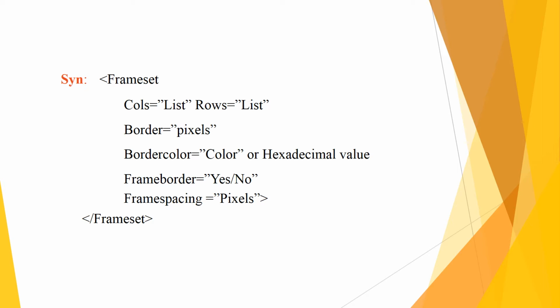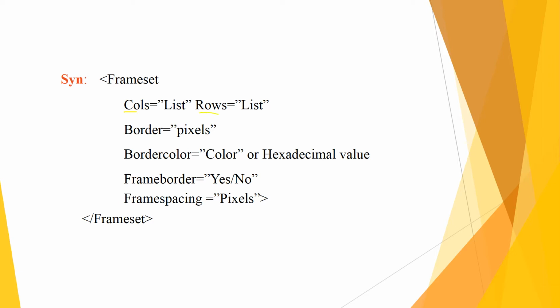Let us see the syntax. Here the syntax is a paired tag. Paired tag means it contains a starting tag as well as an ending tag. The frameset contains different types of attributes. First, cols or rows.